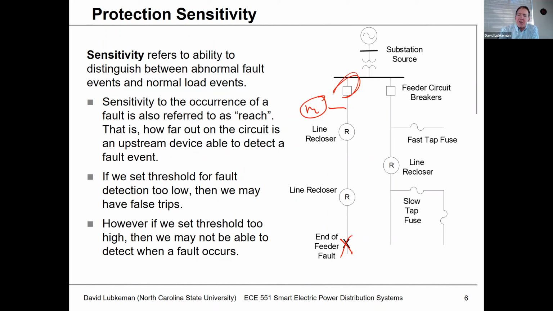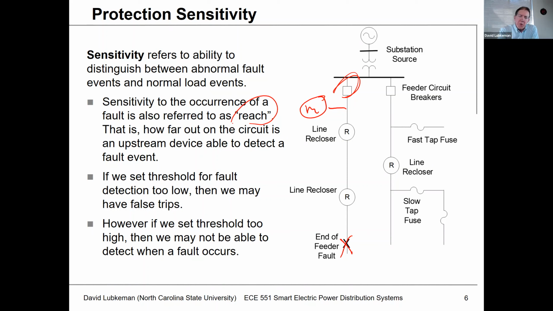The challenge is that the further away we get from the substation, the lower the fault current is going to be. So it gets harder and harder the further we get from the substation to differentiate between a load event and an abnormal fault event. This ability to see faults further out on the feeder is sometimes referred to as reach.